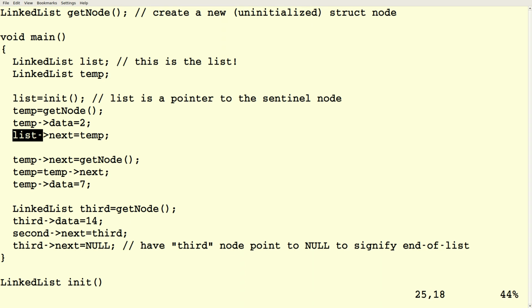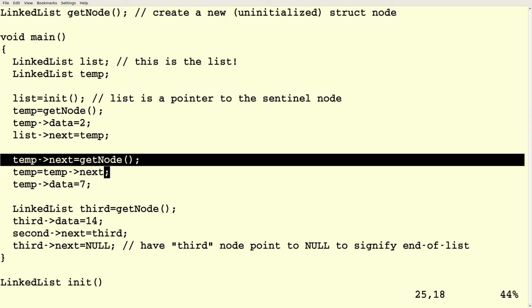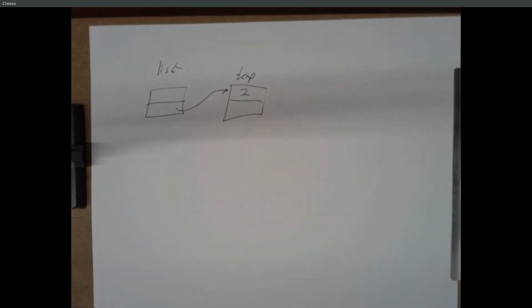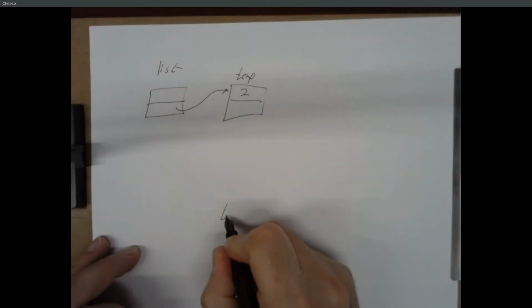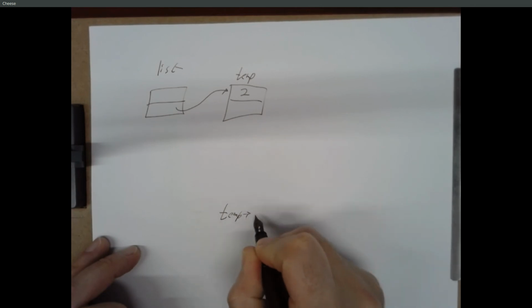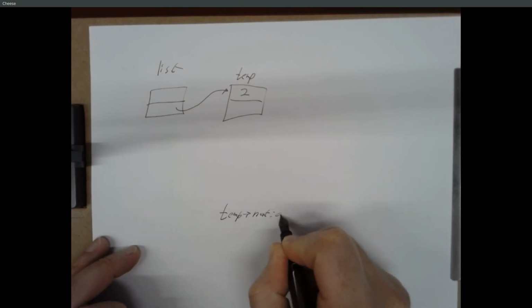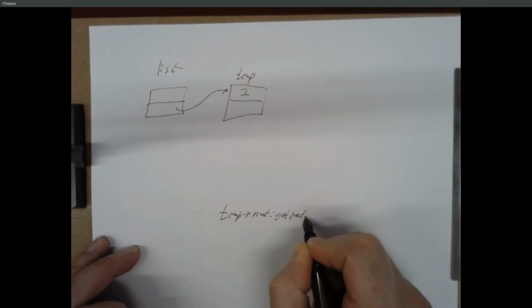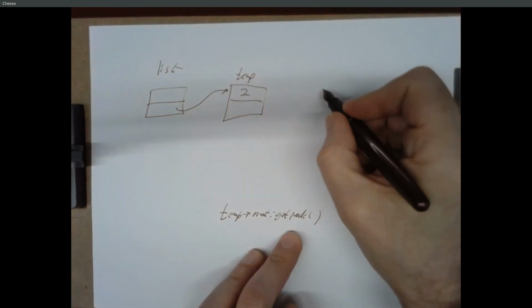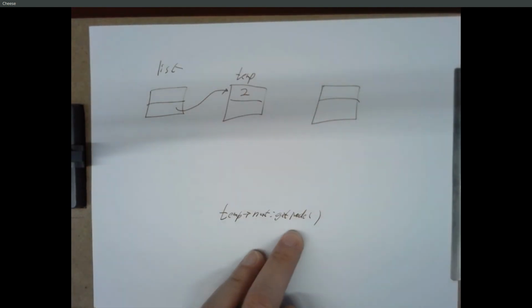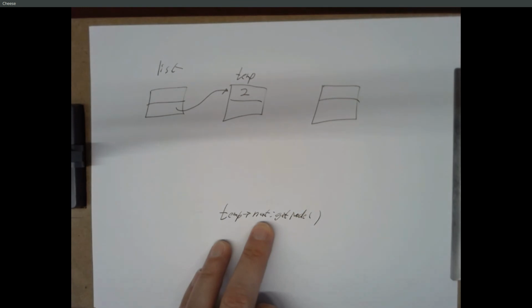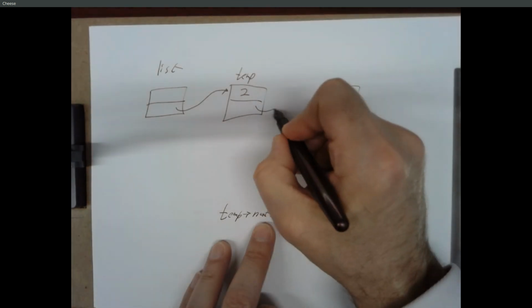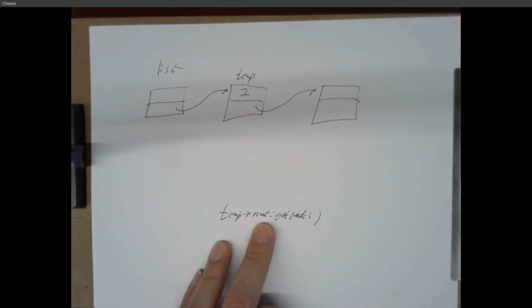Okay, now the magic happens. I'm going to say temp arrow next equals get node. Okay, when I call get node, that creates a new node in memory somewhere. When I set temp arrow next equal to that, that makes this thing point to that new node.